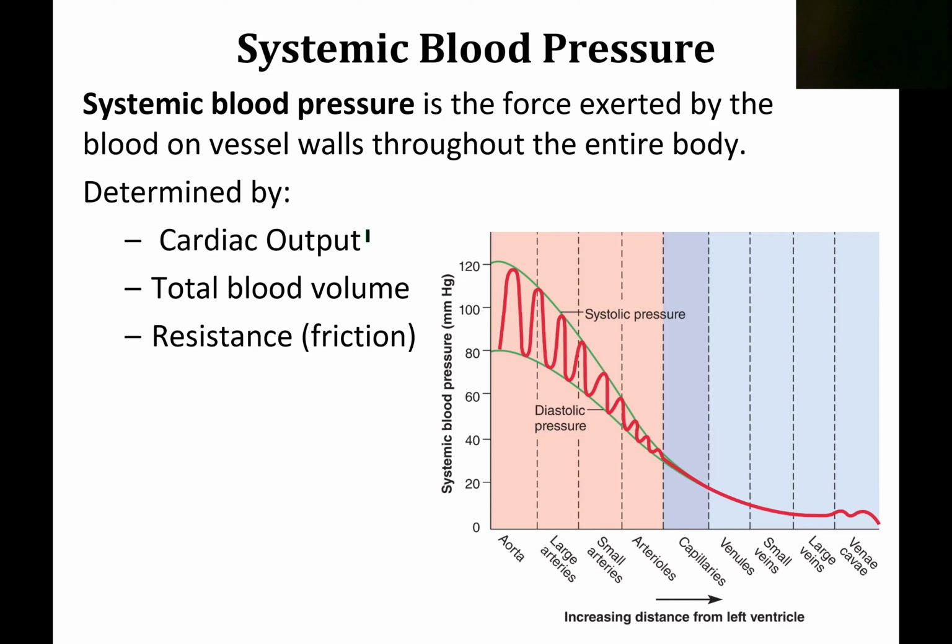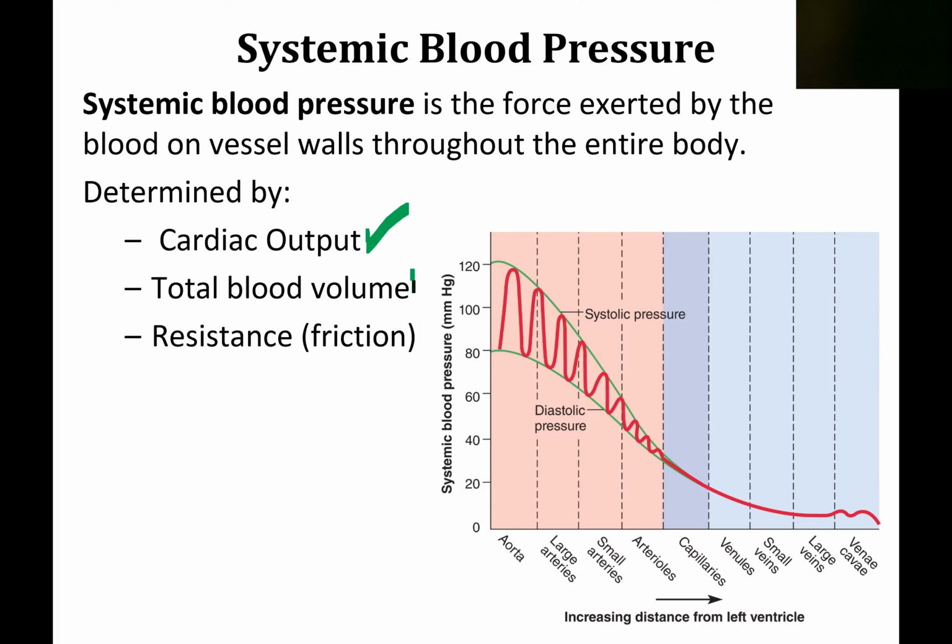So, cardiac output, the amount of blood coming out of a ventricle per minute, if that raises or is high, then that systemic blood pressure is going to be high. So there's a direct relationship or direct correlation between cardiac output and systemic blood pressure.